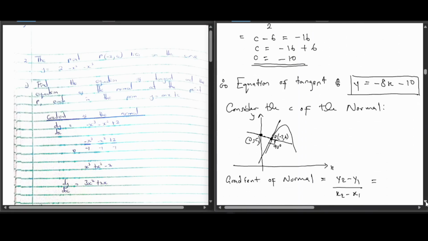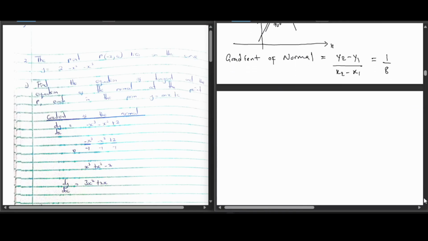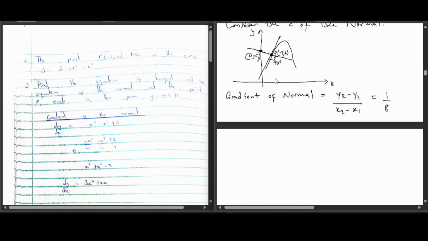1 over 8, like that. Before we even do that, I'm sorry, we know that we are using 0, c1 and minus 2, 6. So let us call these x1 y1 and x2 y2.